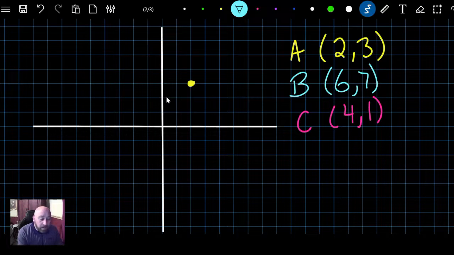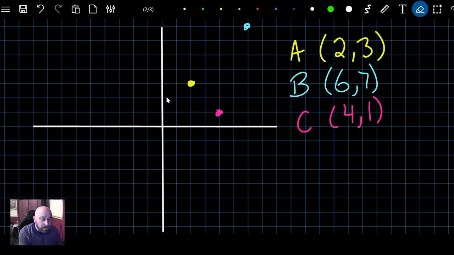The B coordinate is going to be 6, 7. So 1, 2, 3, 4, 5, 6, and 1, 2, 3, 4, 5, 6, 7 right up here at the top. And then we would do the C coordinate, which is 4, 1. So 1, 2, 3, 4, and then 1. And there's our triangle right there.